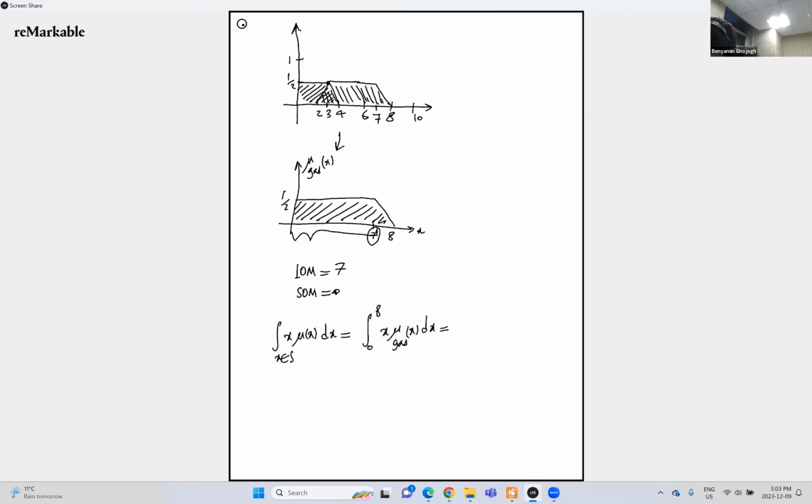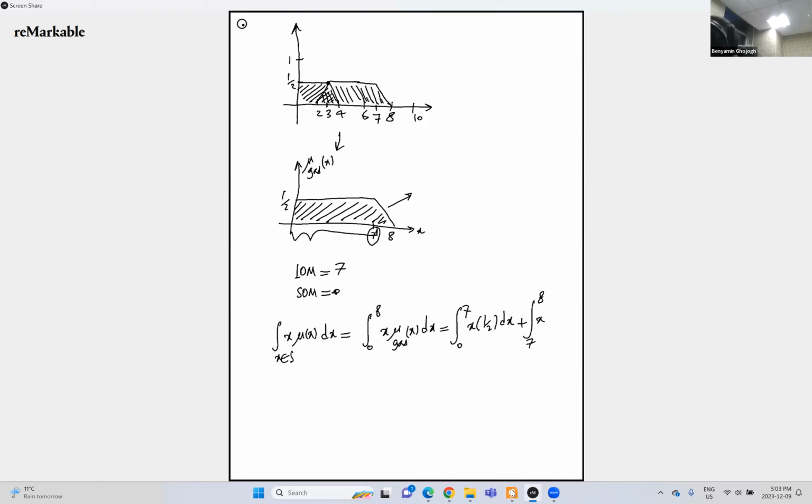Okay, now you tell me. Of course, we need to break it down into these two parts, into the pieces of linear functions. So 0 until 7, x half dx plus 7 until 8, x. What is the equation of this line?